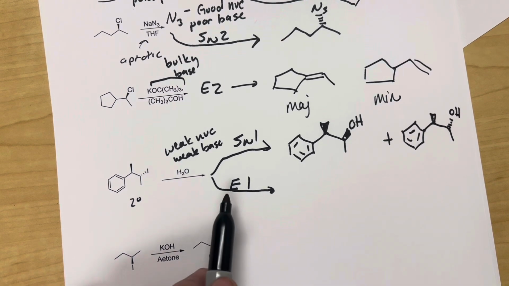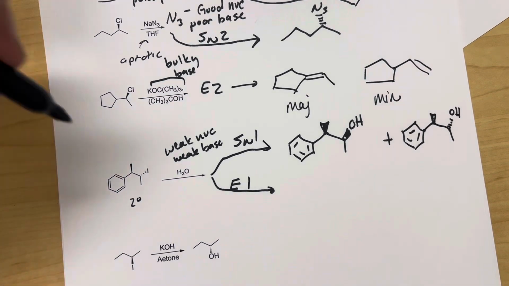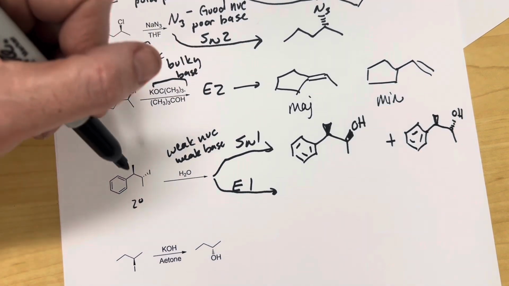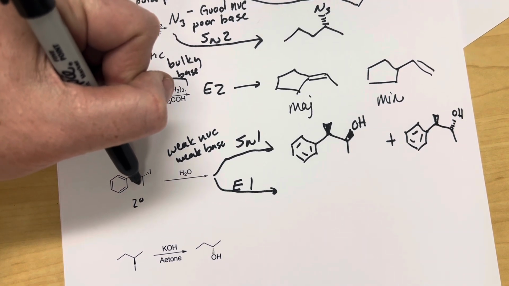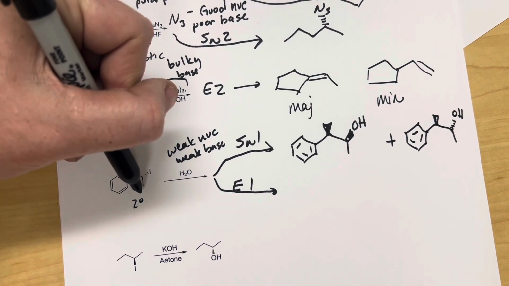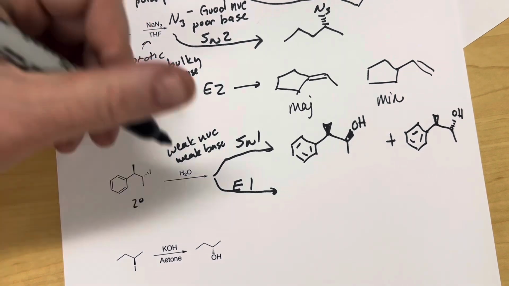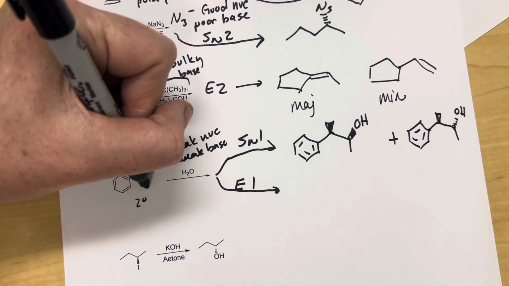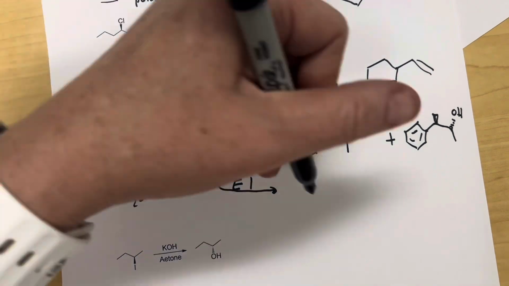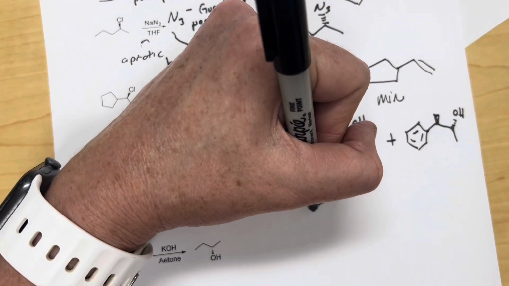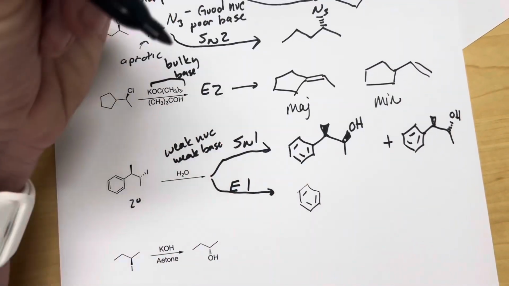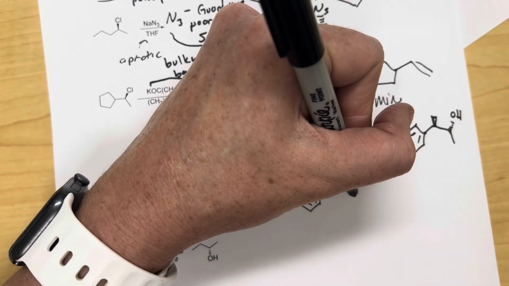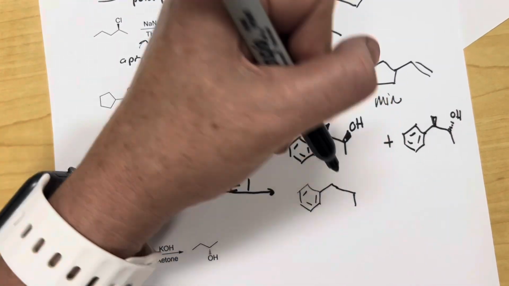And then over here for our E1, if this is our alpha, our beta 1 is going to be right here, and our beta 2 will be right here. So we'll get dash, dash, dash.